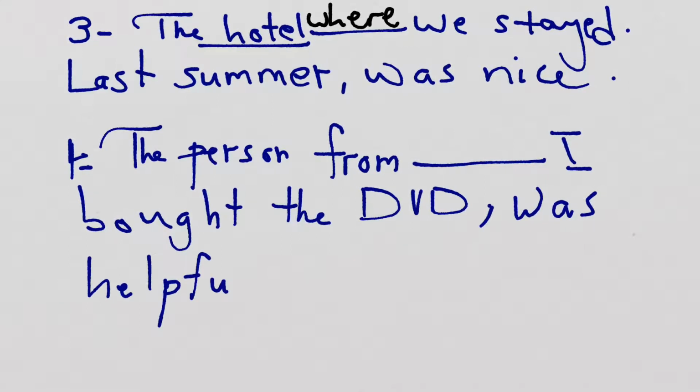Notice before the space we have from. From is a preposition. When you see from, to, for, by, at, and these are prepositions, you have to choose whom. Now this is the way the rule comes as choice.